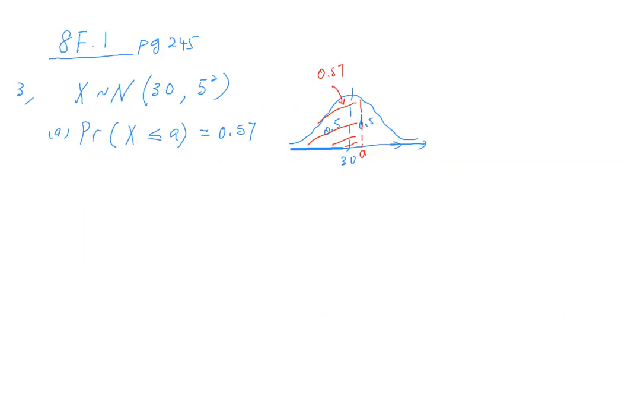Yishan, can you tell me so how to get A? Use inverse norm. Yeah, correct. Okay, what number to put in? 0.57, comma, 30. Good. And then 5, right or left?